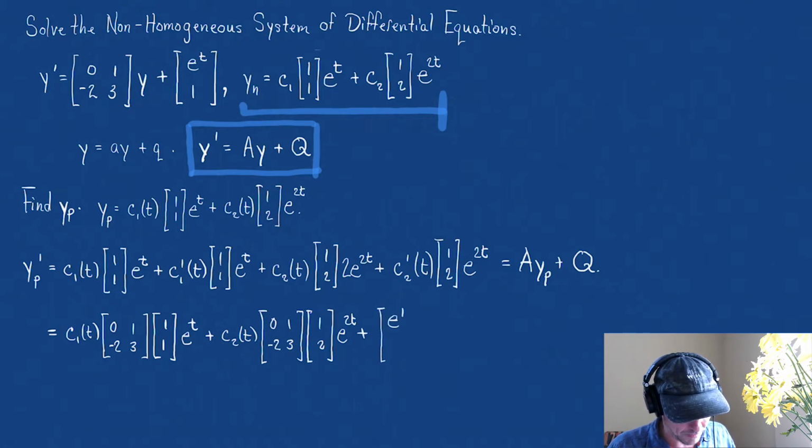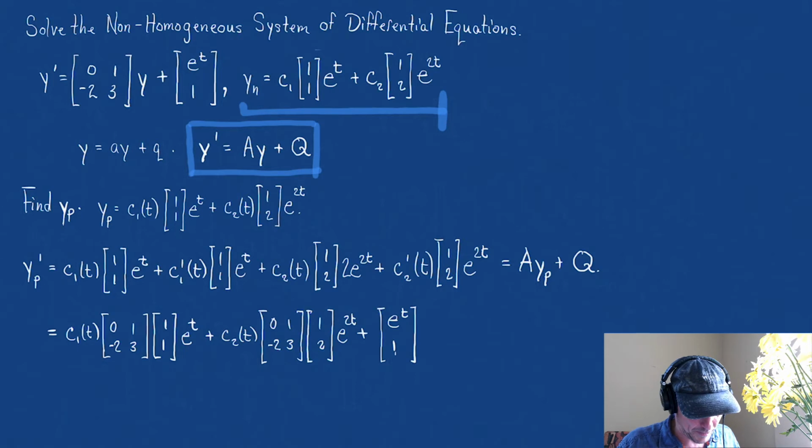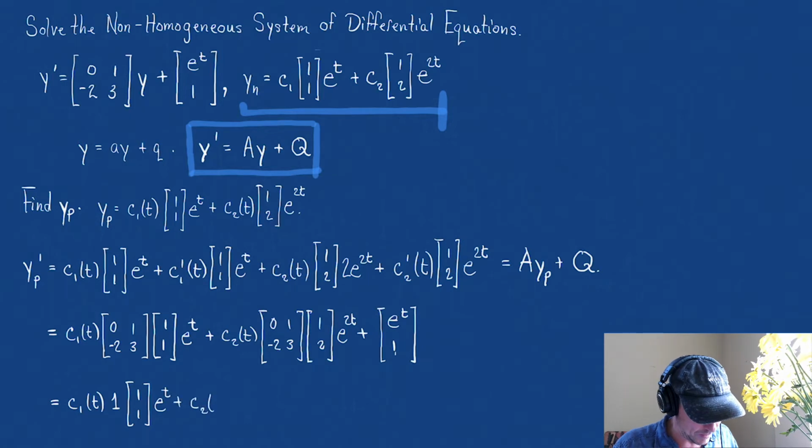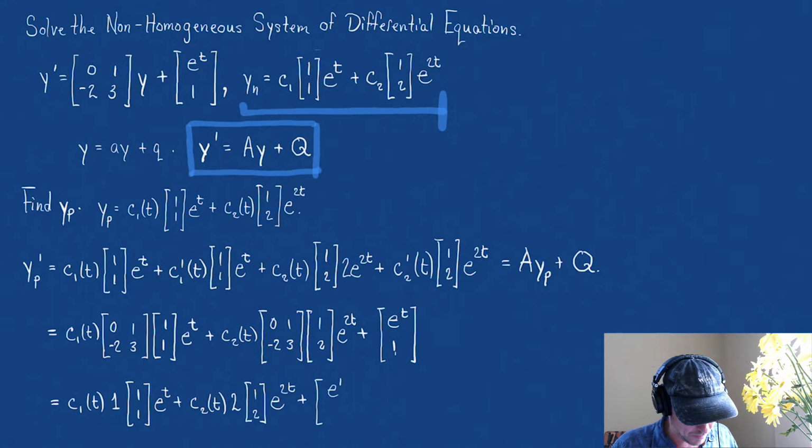Okay, well, when I clean this up, I'm going to get c1 of t times 1, that's the eigenvalue, times the eigenvector 1, 1, e to the t, plus c2 of t times the eigenvalue 2, eigenvector 1, 2, e to the 2t, plus e to the t times 1.